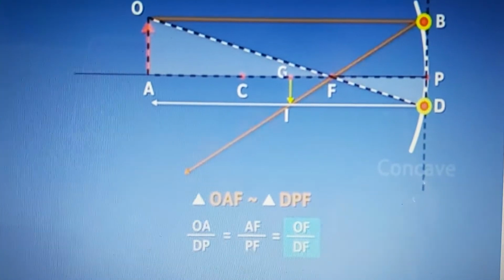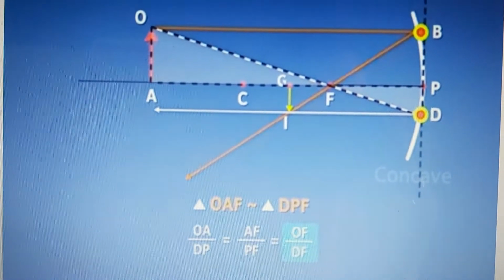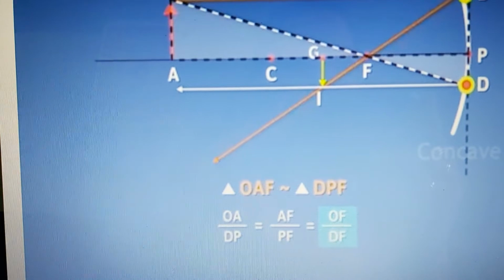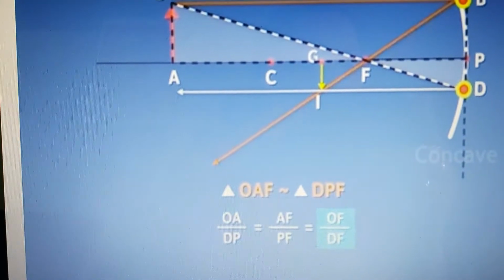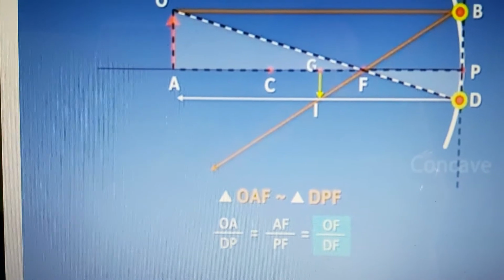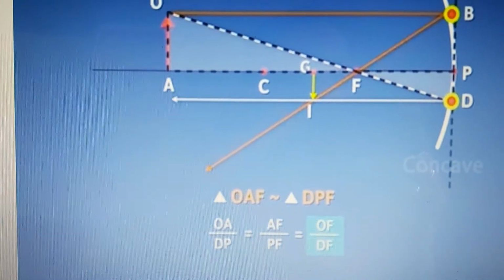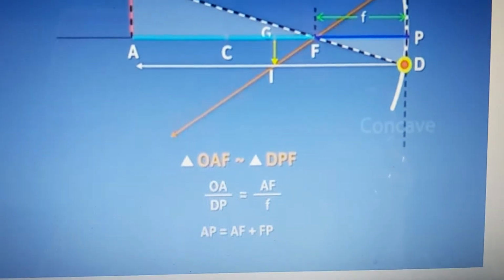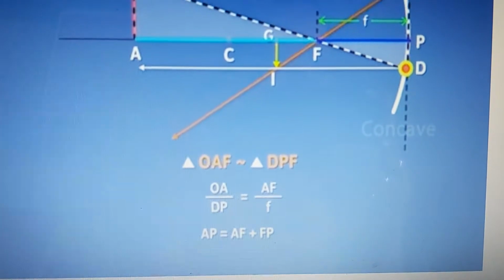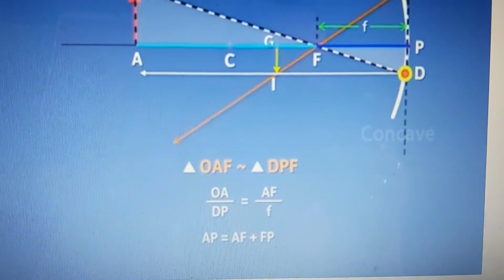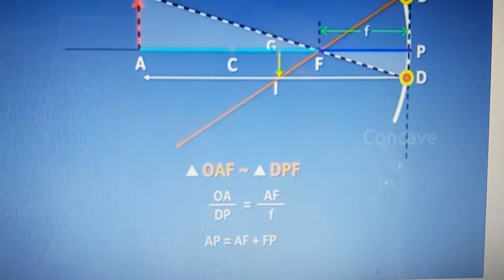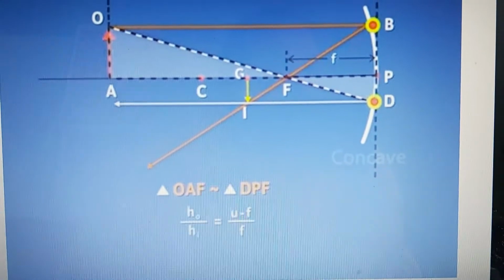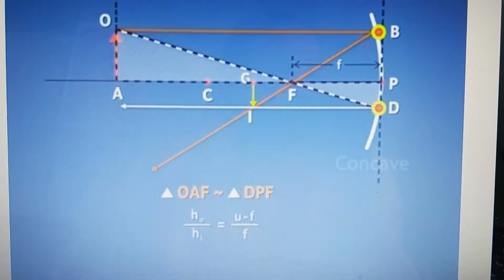PF is the focal length F. AP is the object distance from the mirror, U, and AP is equal to AF plus FP, where FP is the focal length F. So AF is nothing but U minus F. So here in place of AF we will write U minus F over F. What are OA and DP?